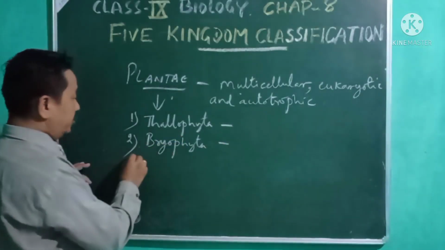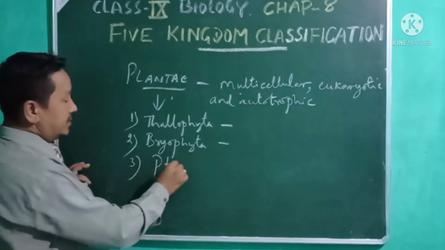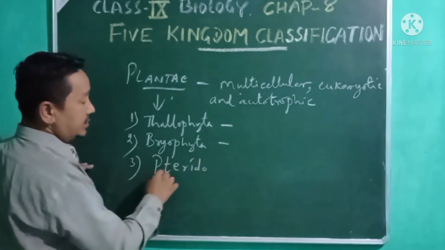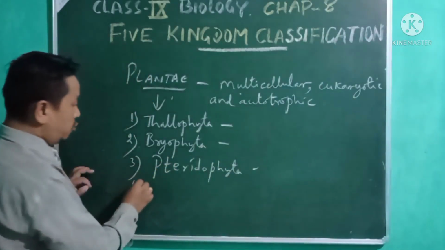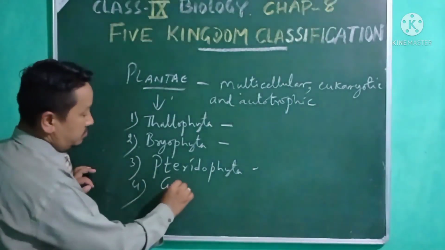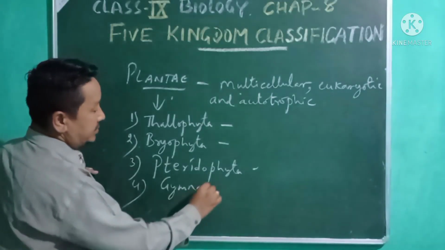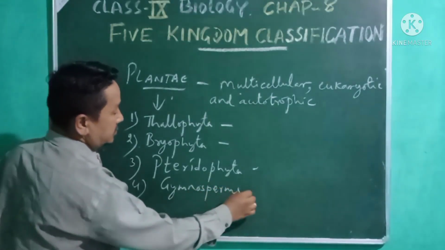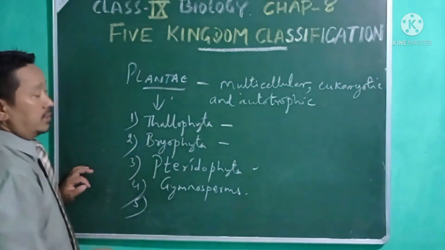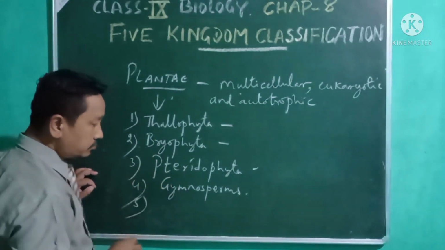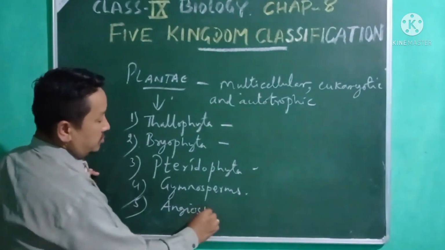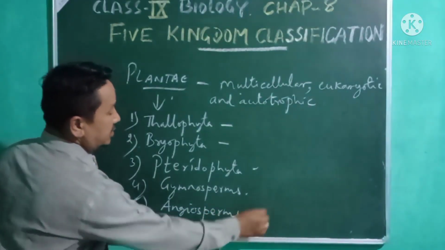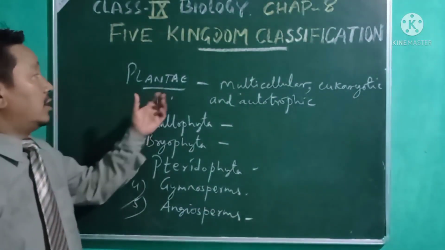Number 3, Pteridophyta, let's see the spelling, Pteridophyta. The 4th one is Gymnosperms. Then number 5, Angiosperms. So these are the 5 classes of Plantae.